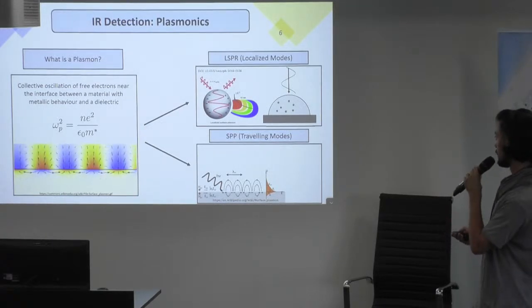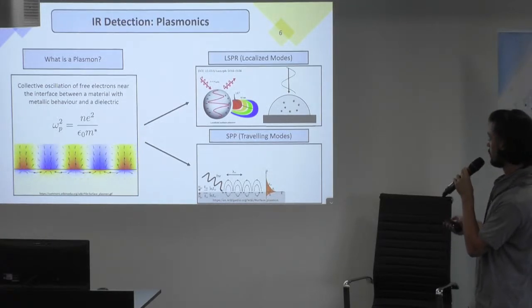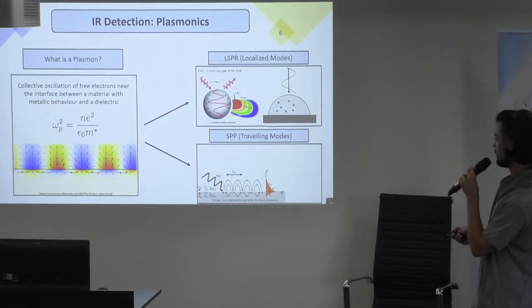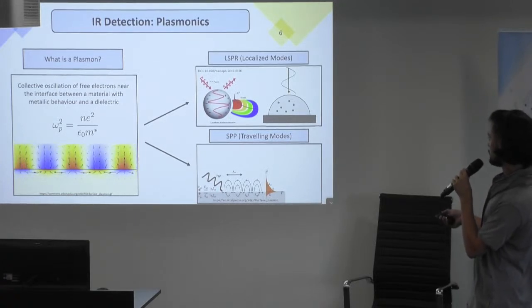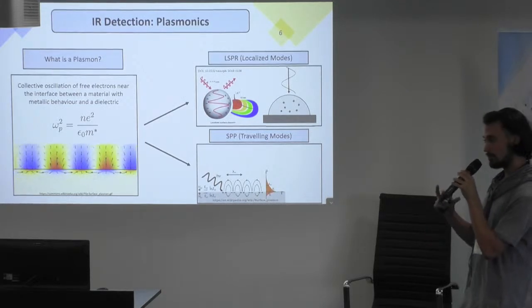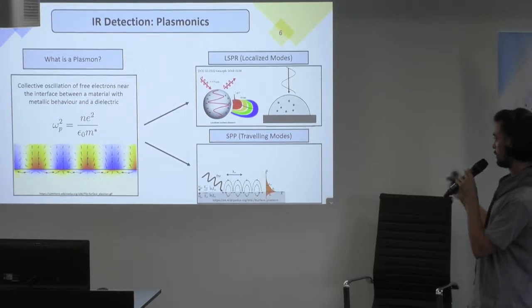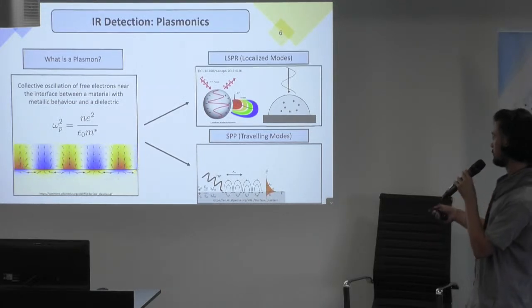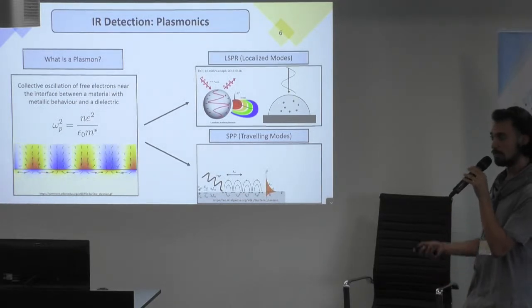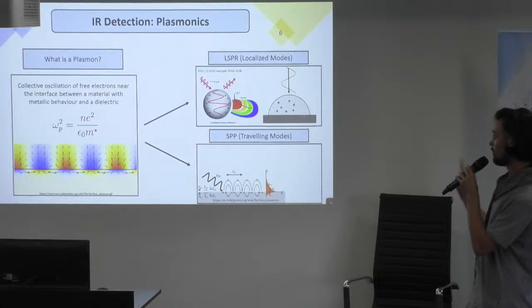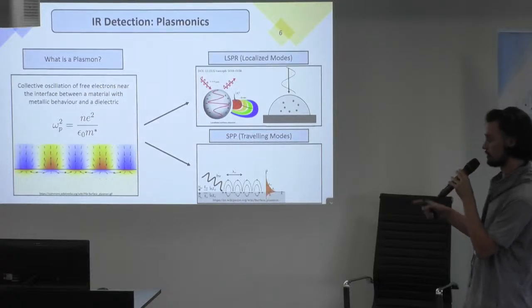And we have two kinds of plasmons. One of them is localized and the other is traveling modes. In the localized modes, what we need is a small region in which the electrons will oscillate and generate this new field, like you can see here. If our particle is spherical, we have no problem, and we only have one mode, because it's symmetric.